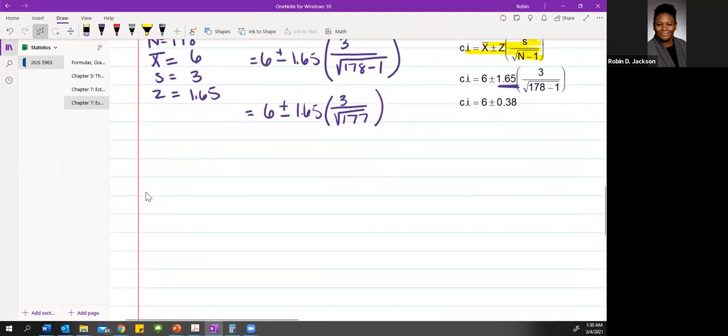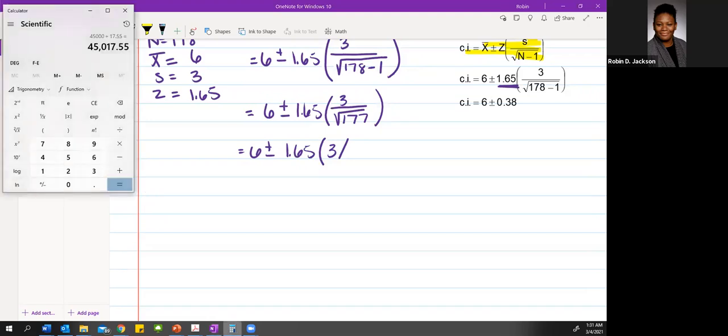Next line is equal to 6 plus or minus 1.65 with 3. I'm going to do it like this so that I don't bump into this problem above. Let's go ahead and get that information.